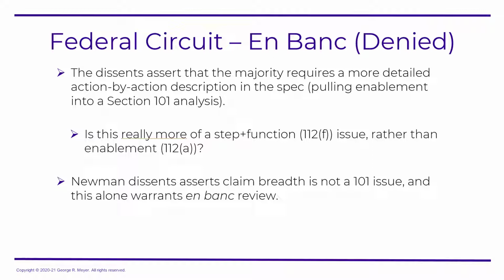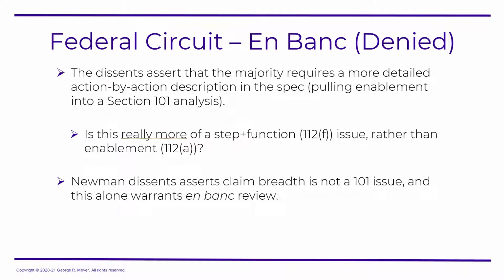I think this is really more of a step plus function issue rather than enablement under 112A, because notice the court was asking for physical steps and acts to provide support for the function. Well, that's corresponding structures and acts that you have from 112F.